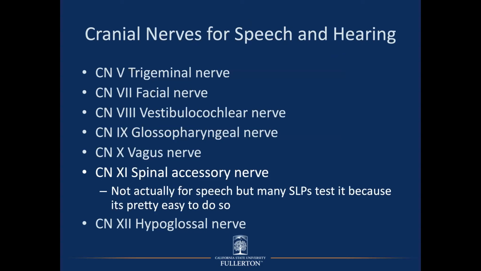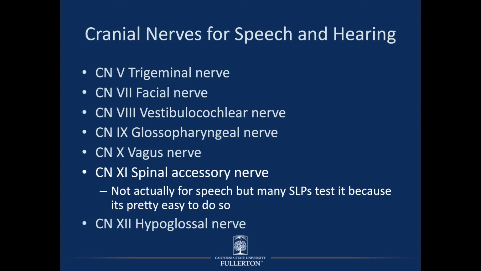Okay, and this is another reminder of the nerves for speech and hearing. We're going to concentrate on them. Trigeminal and facial, of course. Vestibulocochlear, you'll do that in 464, your undergraduate audiology class, and then your audiology practicum.